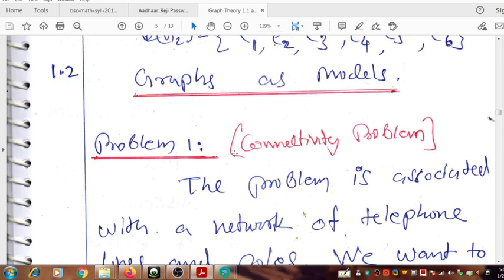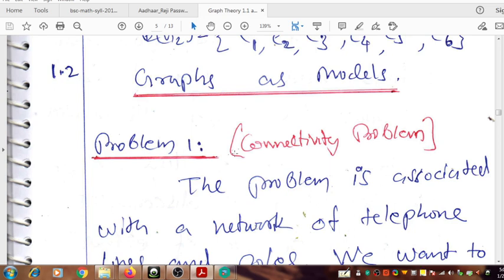For representing problems or problem elements, we can use graphs or graph theoretic methods. The advantage of that kind of representation is that we can use established methods or techniques of solving problems to solve the problems in real life. So that is the advantage.